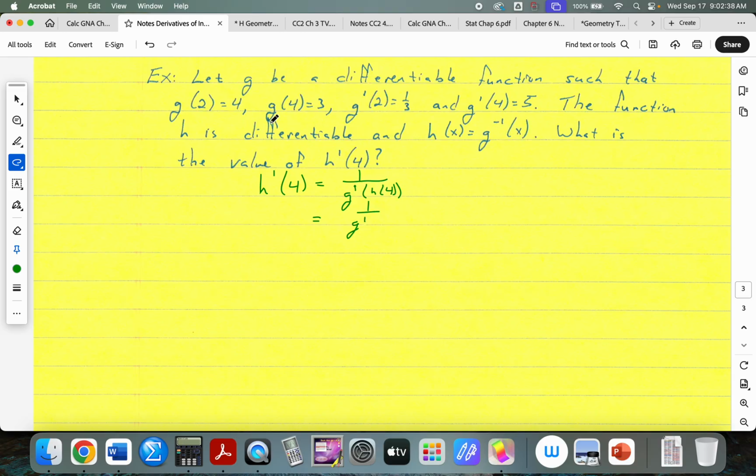Well, notice that g of 2 is equal to 4. If g of 2 is equal to 4, that means that h of 4 is equal to 2. So this is going to be 1 over g prime at 2. And g prime at 2 is 1/3. So it's 1 over 1/3, which is 3.